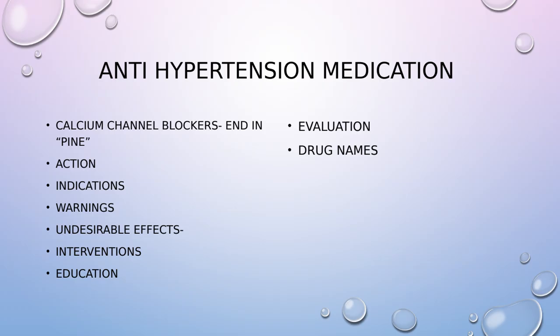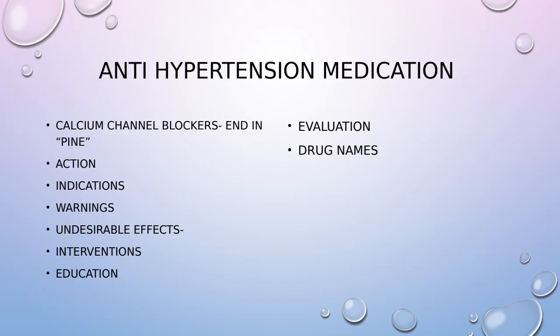So the action of the calcium channel blocker is to block the calcium's access to the cardiac cells. That's going to cause a decrease in contractility and decrease in the arterial constriction. By doing so, it reduces peripheral vascular resistance and therefore decreases blood pressure.